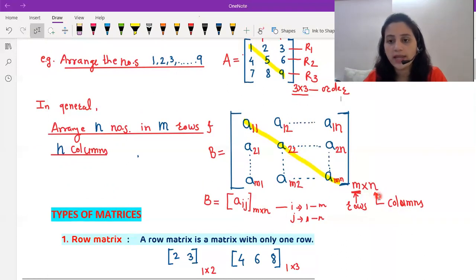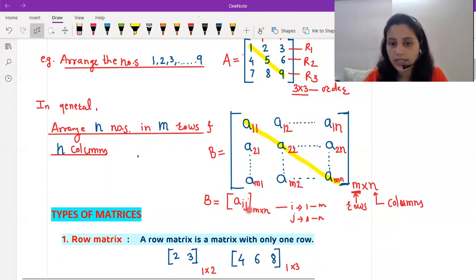So m cross n means the order of this matrix B. So this matrix B contains mn elements. Okay, now suppose I want to represent this matrix element-wise, then we can write B equals the matrix aij, and the order of the matrix is m by n.